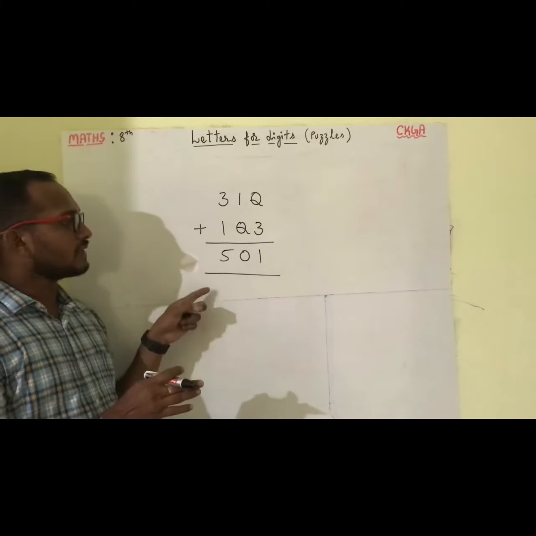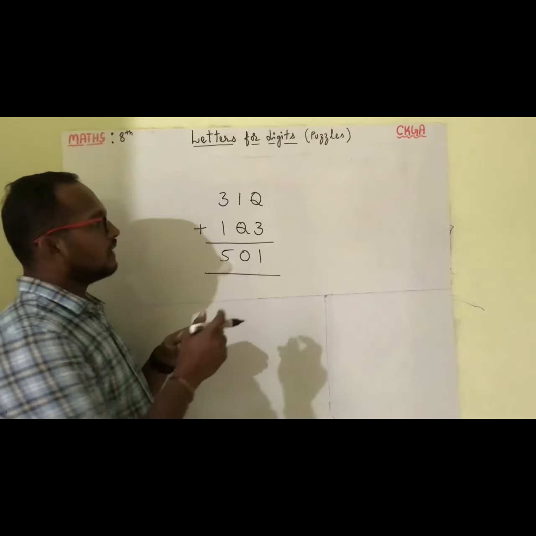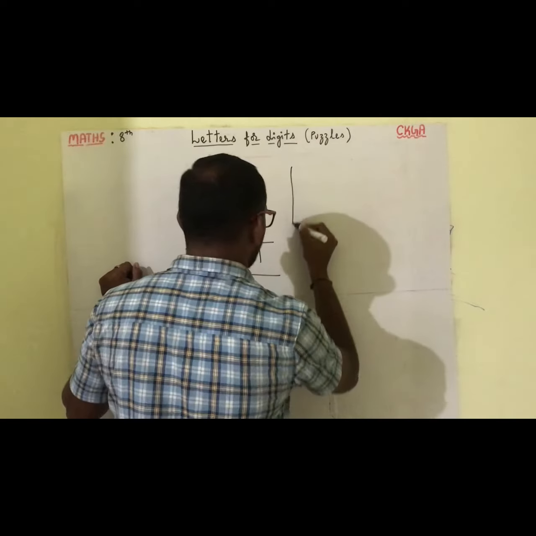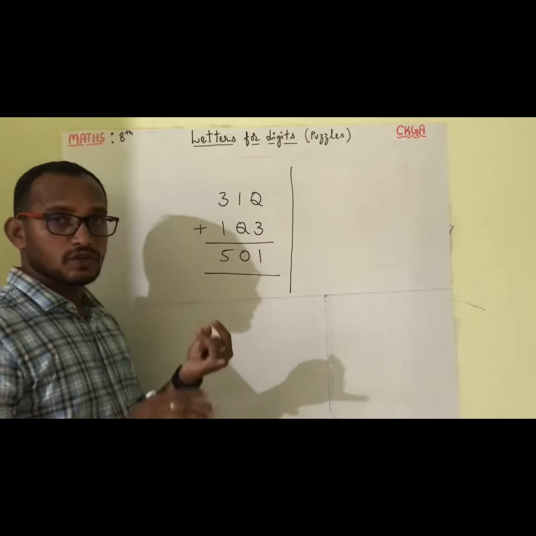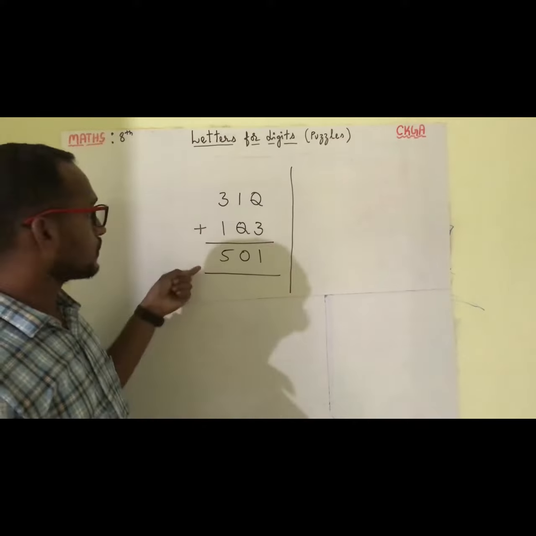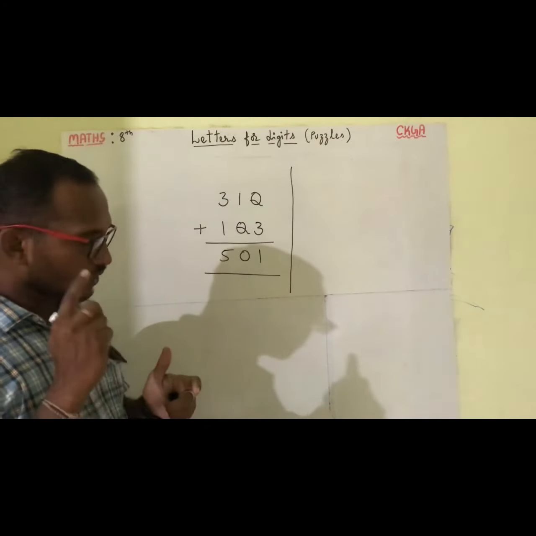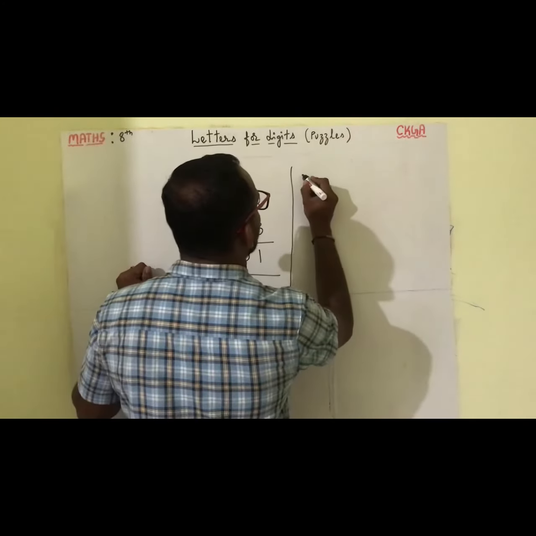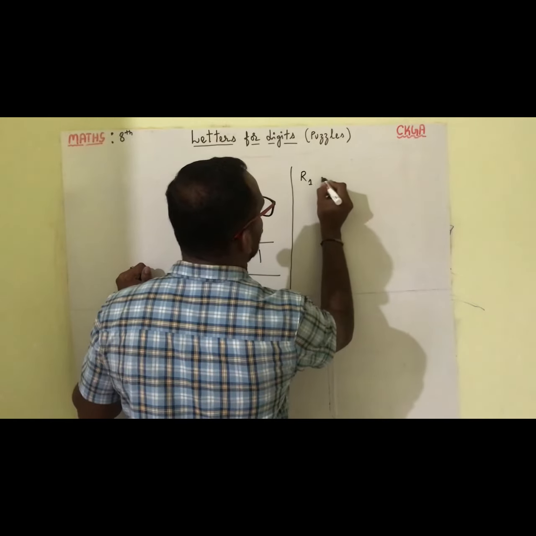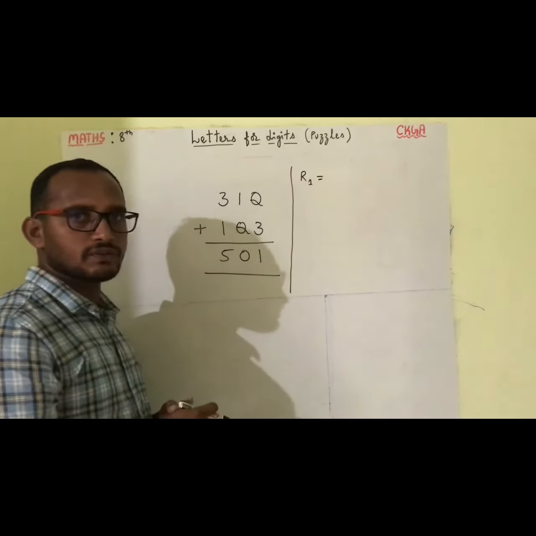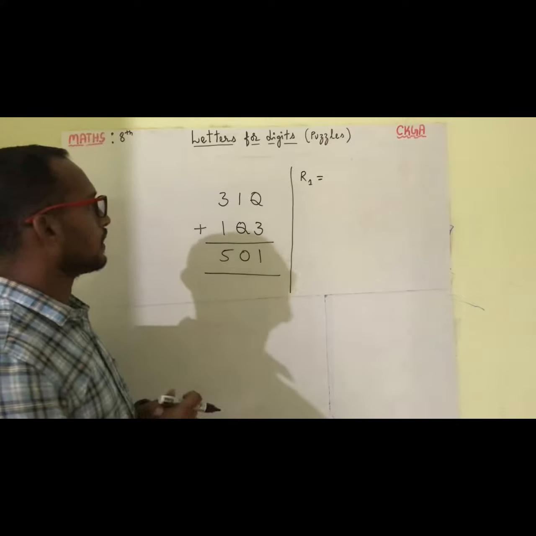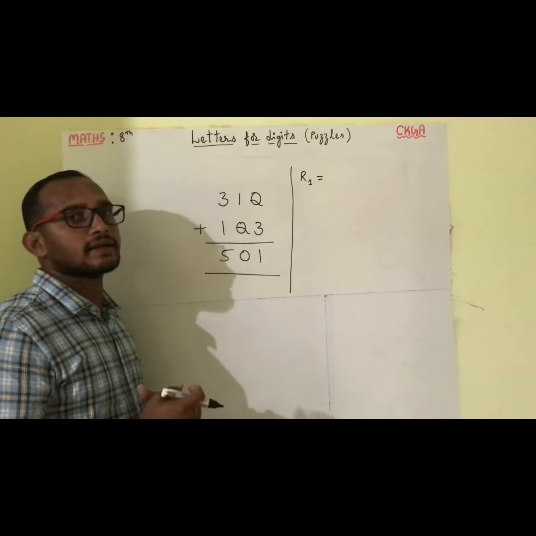Before I solve this problem, let me tell you the two rules. You have to follow two rules to crack this code. Take a small note of this. These two rules are important to crack a puzzle or a code.